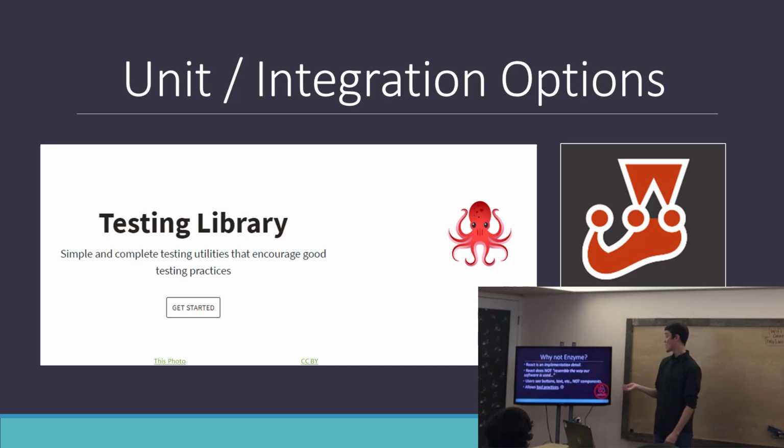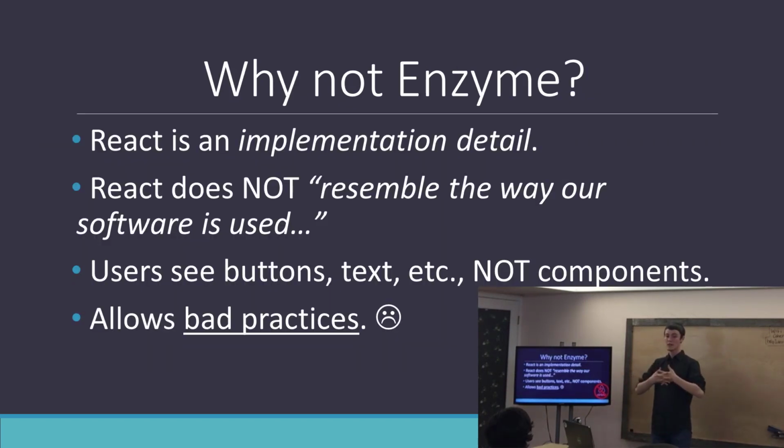So the reasons why Kent doesn't recommend Enzyme, and I wouldn't recommend it either, is that it turns out that JavaScript and JavaScript frameworks and CSS and HTML, all these tools we use to build the front end, are all implementation details. And what that means is our end users aren't looking at HTML, they aren't looking at CSS, they aren't looking at JavaScript.